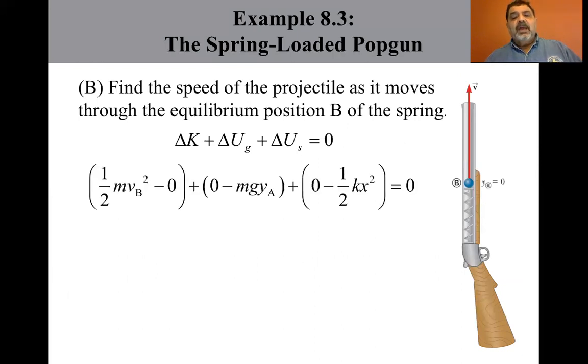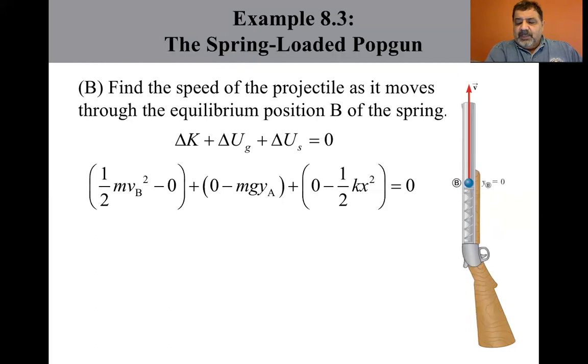So now we do have at point B 1/2 mvB squared minus 0 because the initial kinetic energy was 0. Since y is 0 at B, we have only mgyA, and we have the 1/2 kx squared. The spring is fully extended, so the final is equal to 0. All of that has to equal 0.